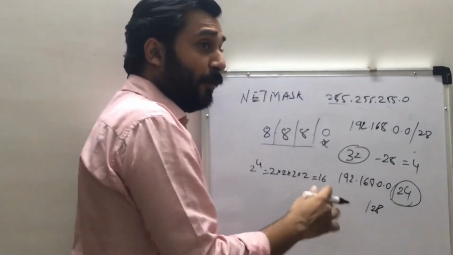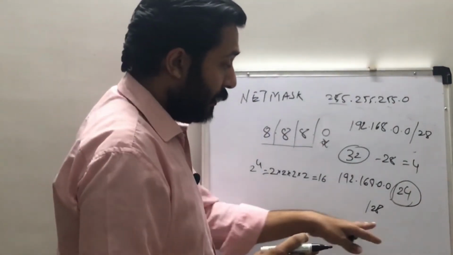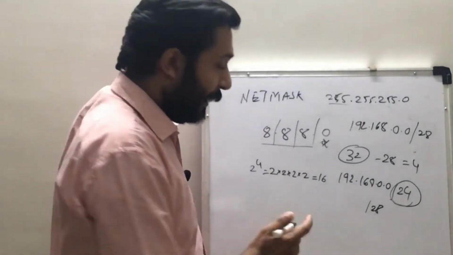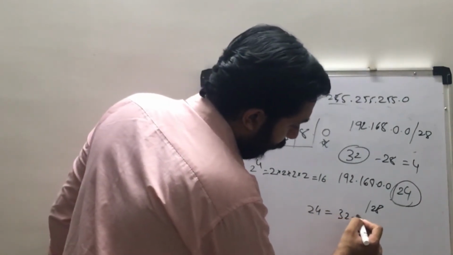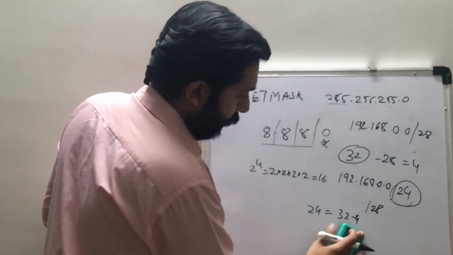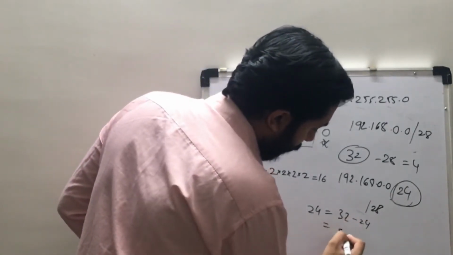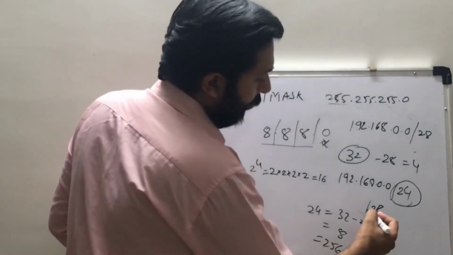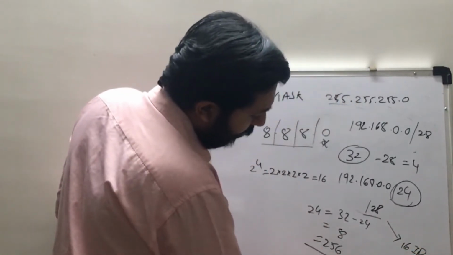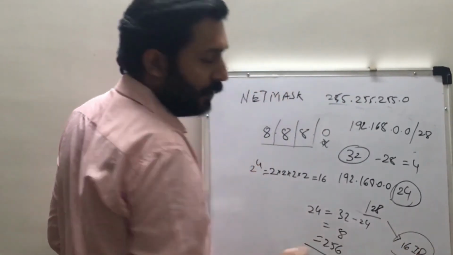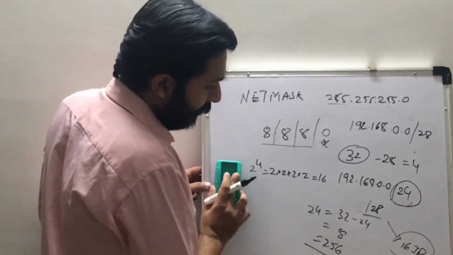If this 24, which is a larger network, is subdivided, then it can be subdivided into 28, because 32 minus 24 is equal to 8, that is 256 IPs, and /28 is 16 IPs. So a larger network of 256 can have a 16 IP small network. I hope you understand this.